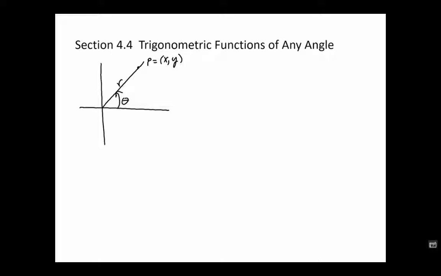We can form a right triangle by drawing a line segment from the point P perpendicular to the x-axis. Let's do that. And then what do we have? We have a right triangle.